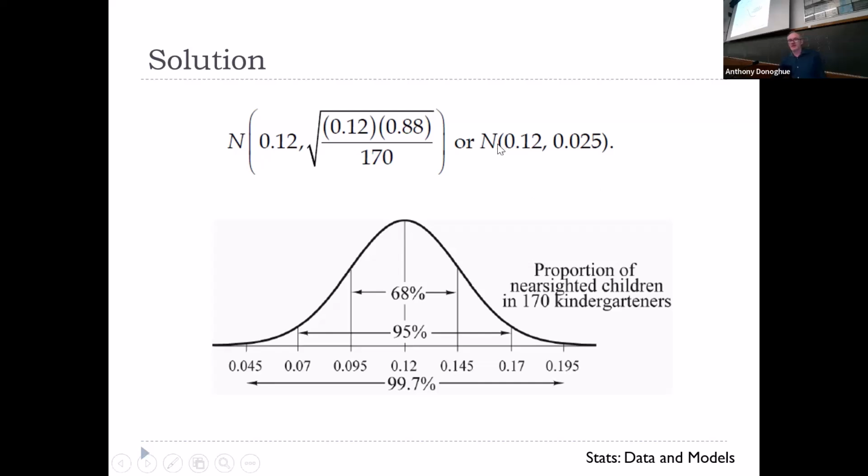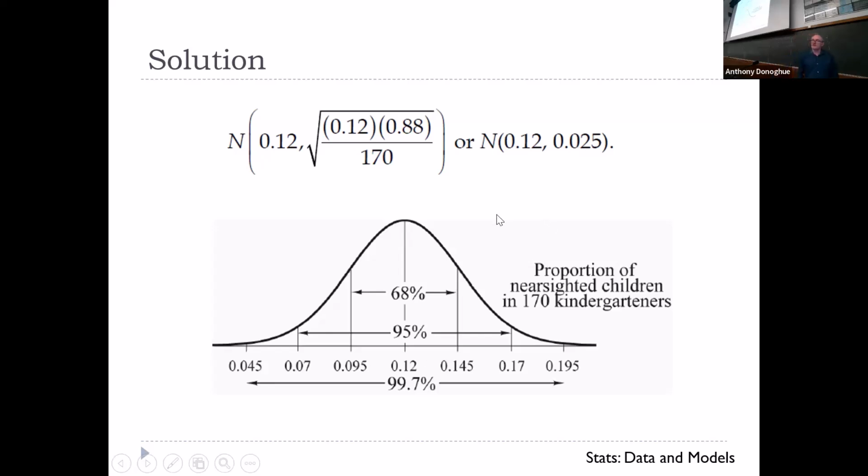So it's often written like this: normally distributed, at least approximately, with the mean of all those sample proportions based on sample sizes of 170 being 0.12, since p is 0.12 in the population. And this is the measure of the variability of those sample proportions around the 0.12, and it turns out to be 0.025, and that's our standard error.